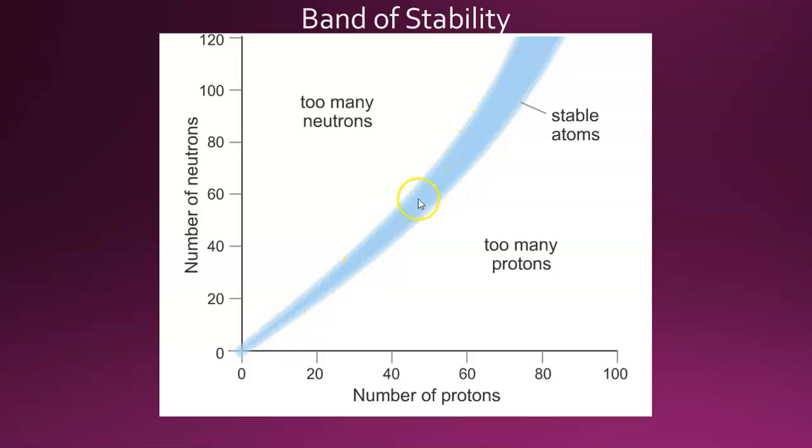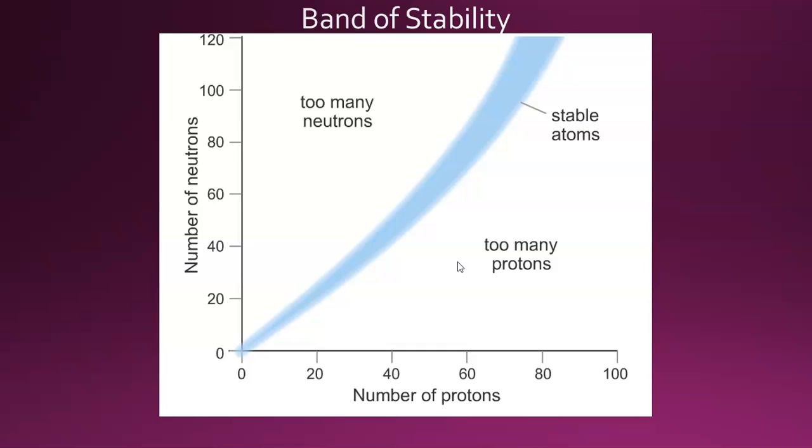We call this the band of stability. Elements above the band of stability have too many neutrons, which decreases the strong force and destabilizes the nucleus. Elements below this band of stability have too many protons, increasing the repulsive force, right? Too many protons, all those protons don't want to be next to each other, which destabilizes the nucleus.